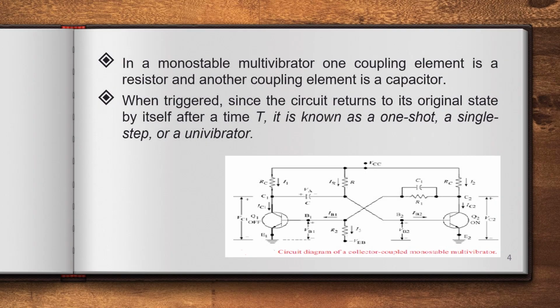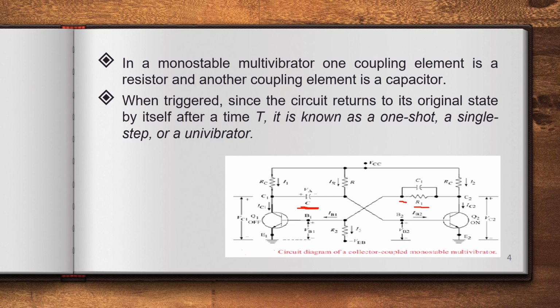In a monostable multivibrator, one coupling element is a resistor and another coupling element is a capacitor. Why? Because it has only one stable state. So the coupling element resistor corresponds to the stable state and the coupling element capacitor corresponds to the quasi-stable state.